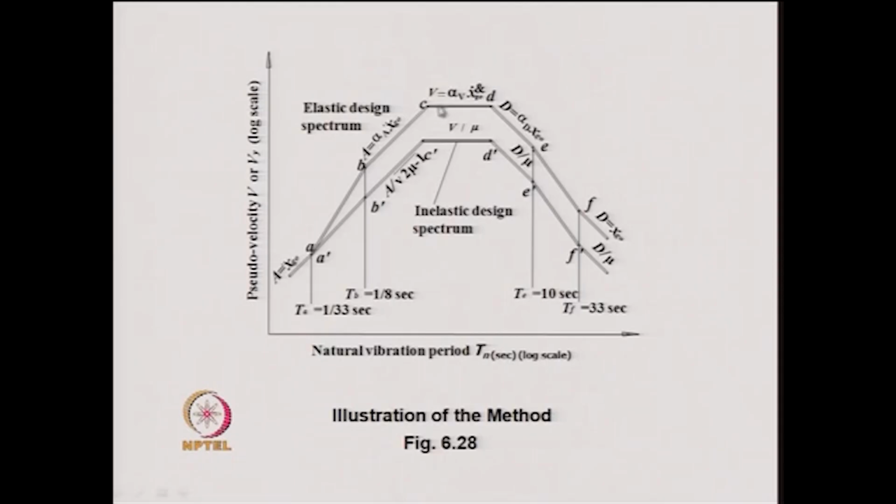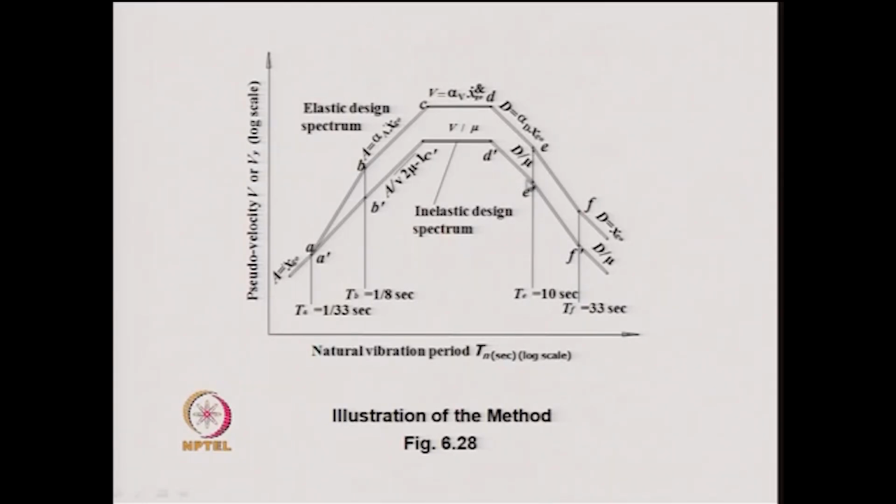The velocity ordinates over here and the displacement ordinates on this side, in the displacement zone and the velocity zone, are divided simply by mu.